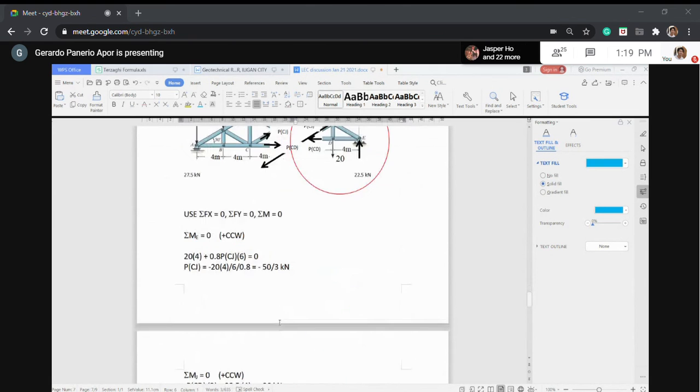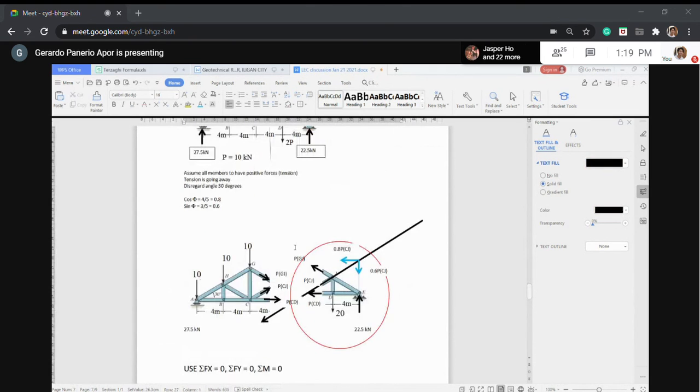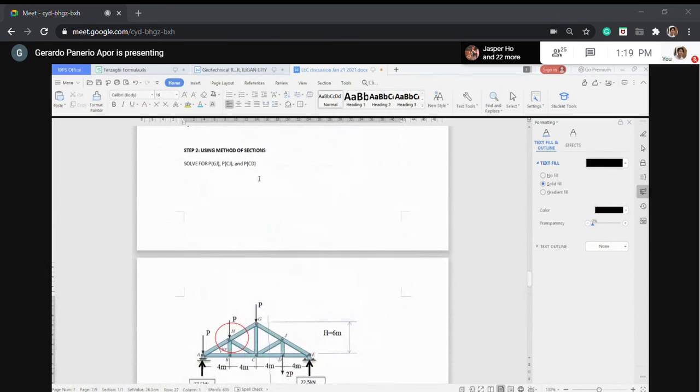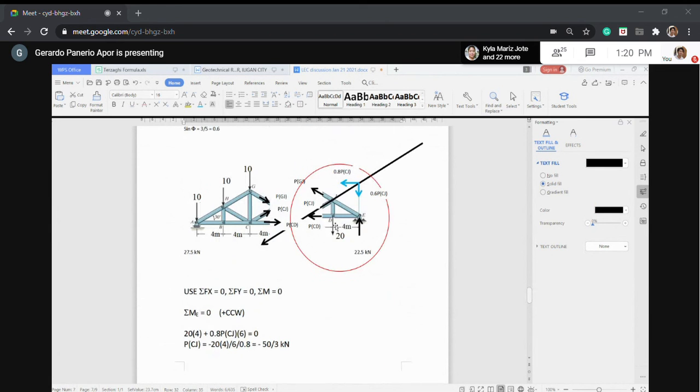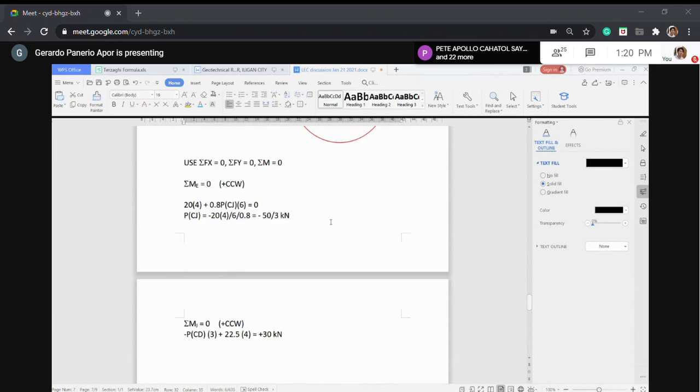So I solved the two of these, I solved already the two unknowns, which are CG and CD. Now it's time for GJ. To solve for GJ, you just use the summation of forces in X.